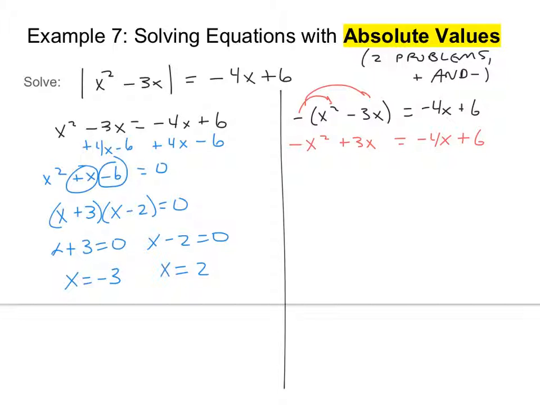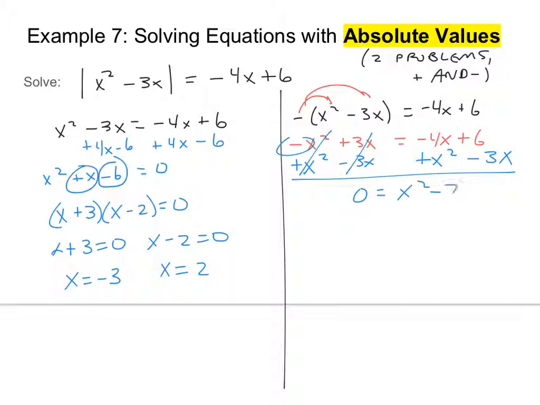Over on this side, I'll be left with the same kind of situation where I need to regroup. In an effort to keep everything positive, meaning I want to get rid of this, I'm going to add x squared to both sides. And when I regroup, these all go away. So I got 0 equals x squared minus 7x plus 6.